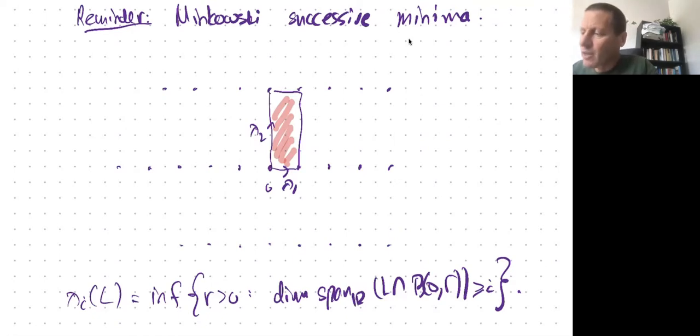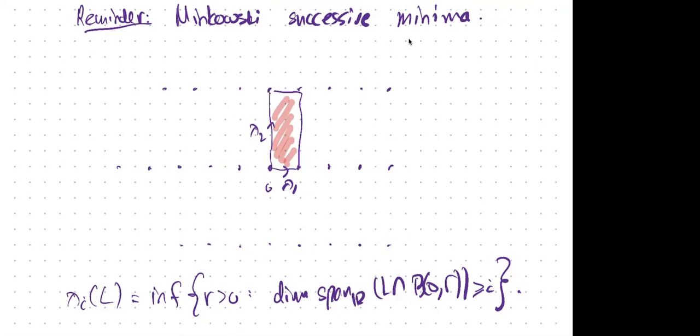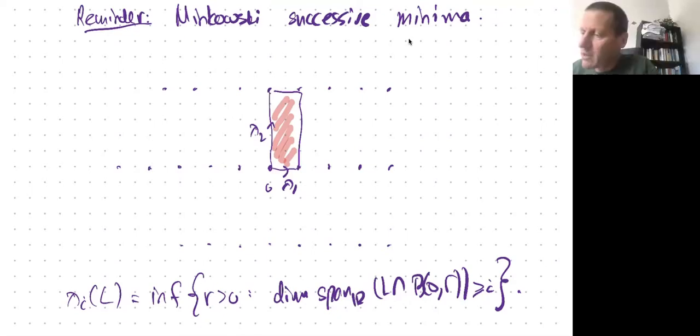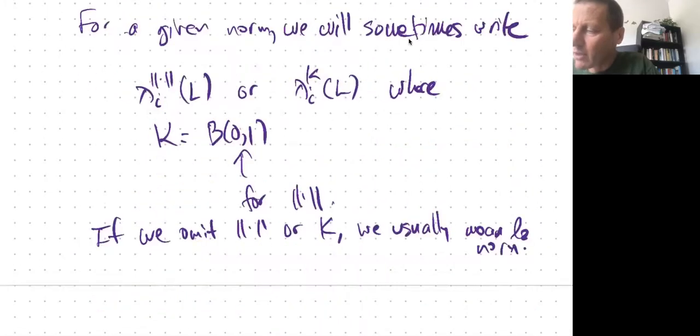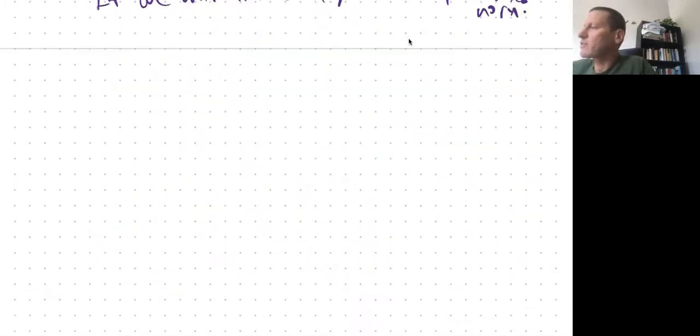In general, the fundamental domain doesn't have to be a rectangle. There could be angles here which are not right angles, but they're not going to be very far from being right angles in a certain sense. And so the product of the lengths of the sides gives you a fairly good approximation for the co-volume of the lattice. On a first glance, that's the content of the Minkowski second theorem, but it's more delicate than that, as you'll see.